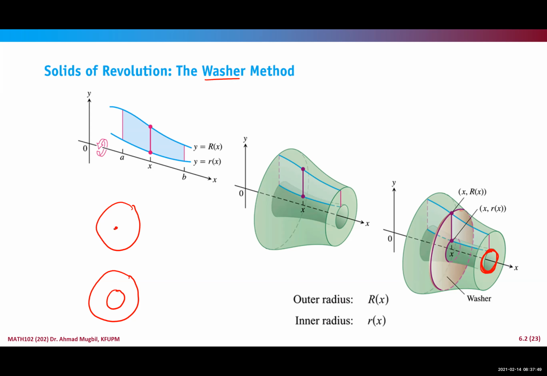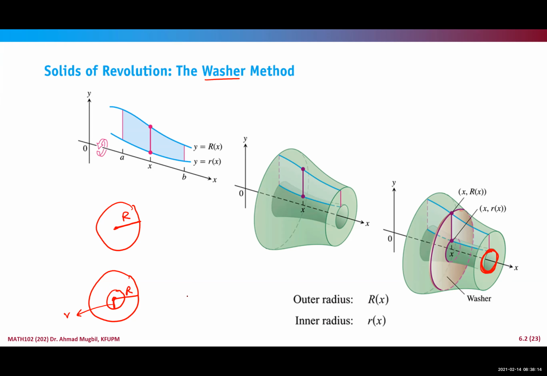Previously, the radius of this disk was R capital. Here it is still R capital, but we now need to find the area of this disk, because there is a space here in the middle. So in this case, we will calculate the radius of the hole, call it R small, and subtract it from R.